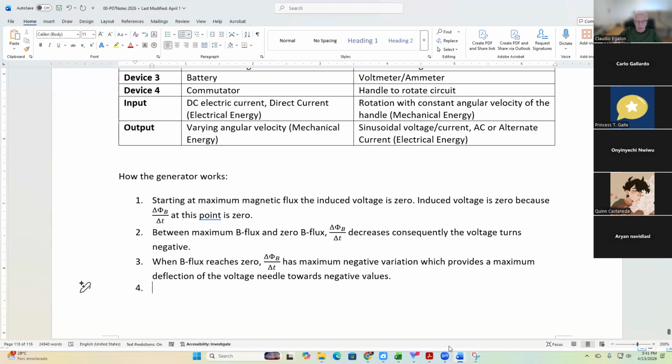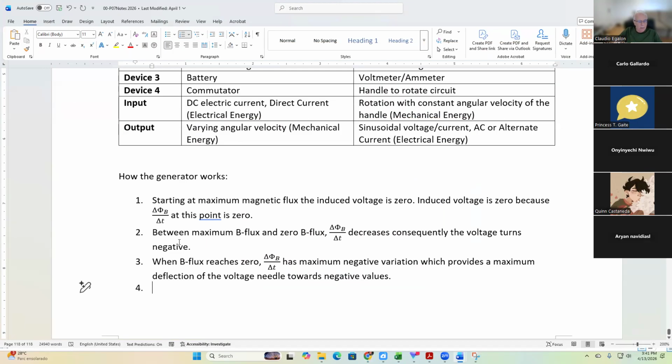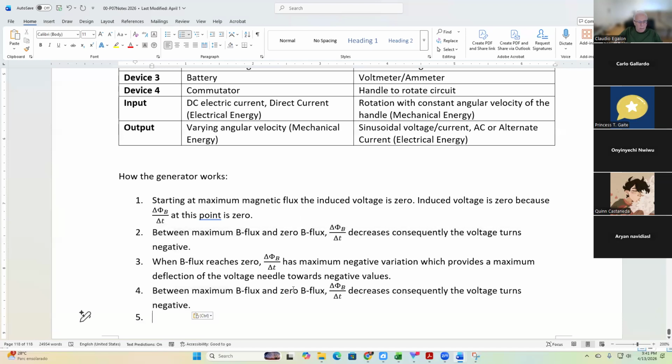And I'm going to copy and paste what you see there. Now, what's going to happen? Now the magnetic flux is going to increase. Magnetic flux increasing between zero B flux and maximum B flux.